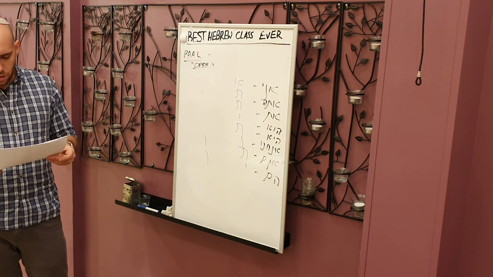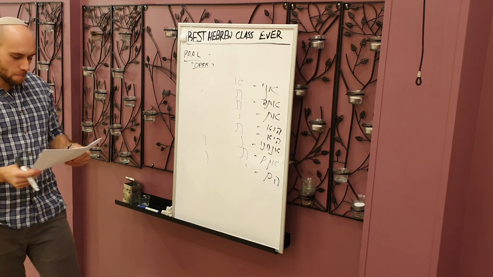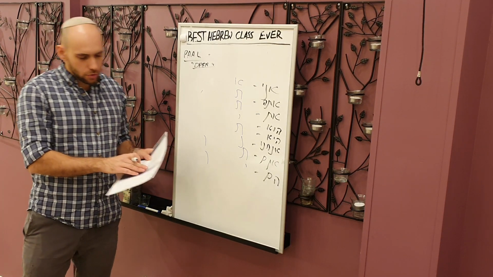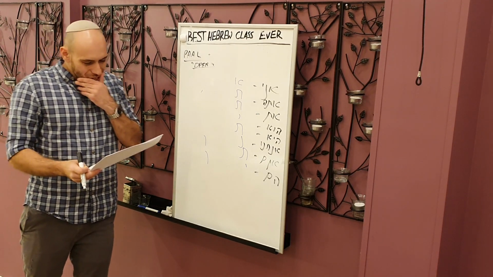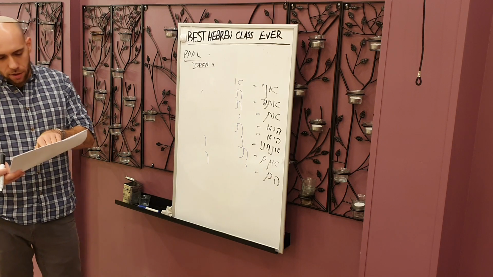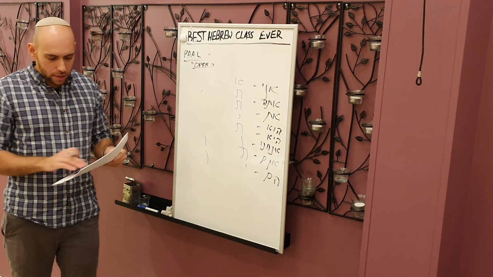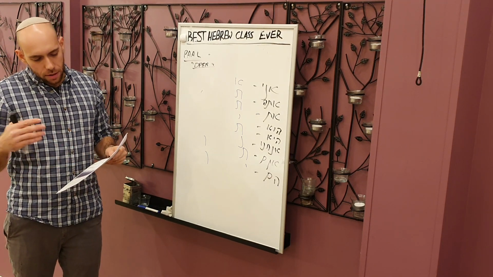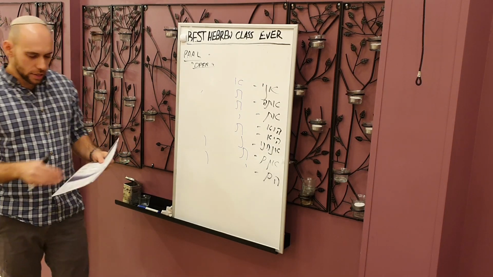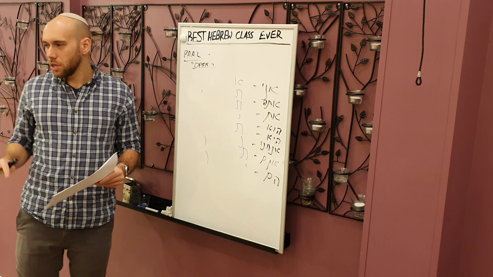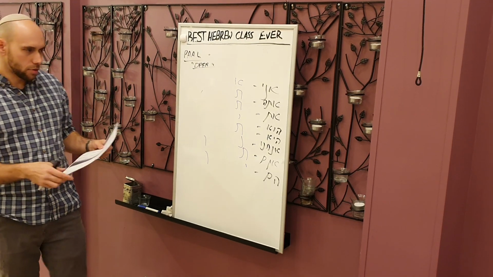Now let's jump to nifal. Here on page 1 is a perfect example. You've got ganav, nignav. Pa'al means to steal, the nifal means to be stolen. So that's just the passive voice of the pa'al verb.